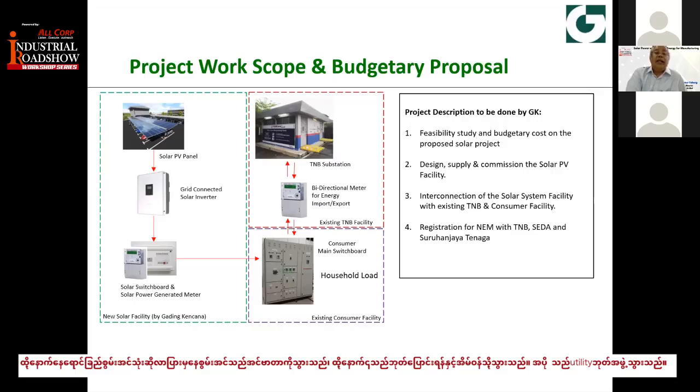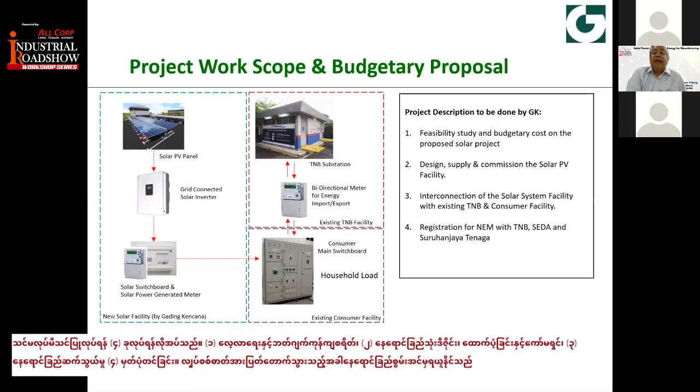Then the solar energy from the solar panel goes to the inverter, and from the inverter it goes to the switchboard, and then to the household load. Whatever excess energy goes to the TNB, into the outside utility substation. Before you do that, you need to do 4 things. Number one, feasibility study and budgetary cost.